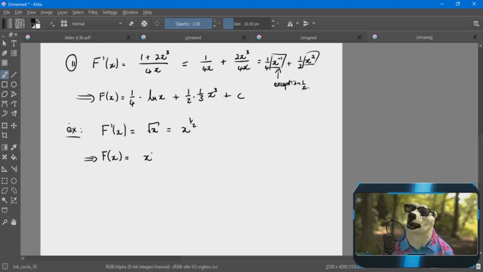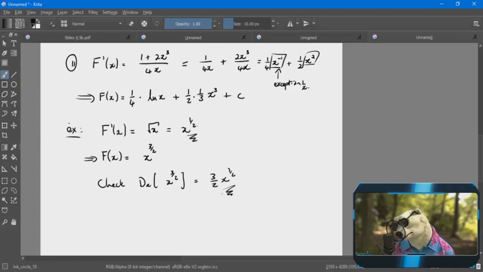So this is going to come from what? It's going to have to come from x to the 3/2. But if I were to check it like this, and have x to the 3 over 2 only, the power rule is going to put 3 over 2 in front, x to the 1 less, so I do get the desired target, but there's a number that's not in my target.